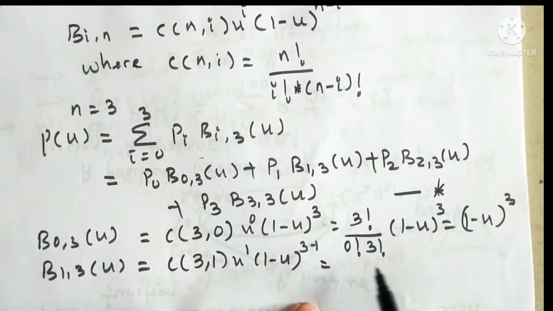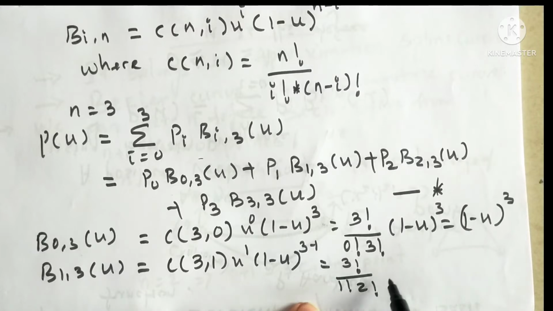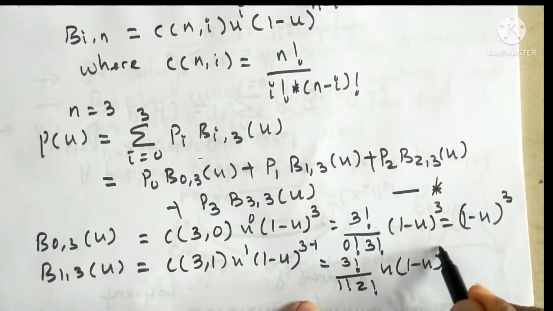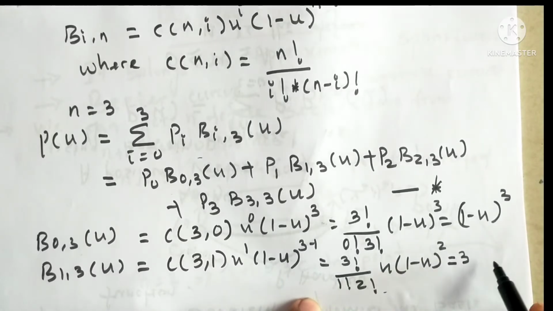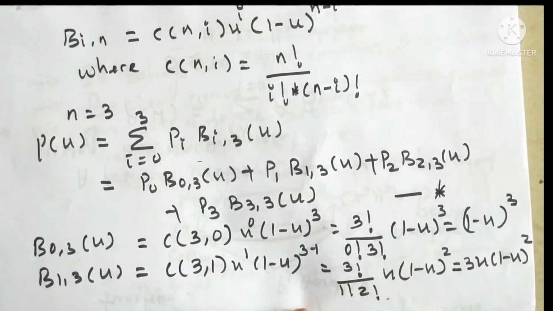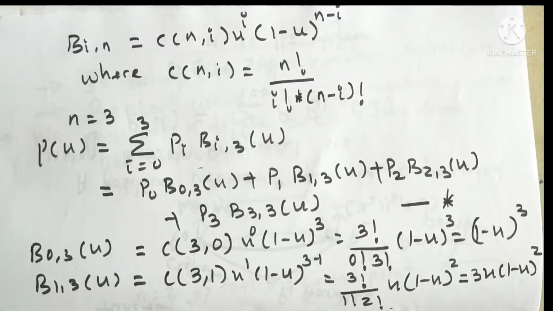Now we can say that the C31 value is 3 factorial divided by 1 factorial into 2 factorial, u to the power 1 is u and 1 minus u square. So 3 factorial is 3 into 2 into 1, 2 gets cancelled. So I will get that value as 3u into 1 minus u to the power 2. So this is the value of B13 of u. So fine.